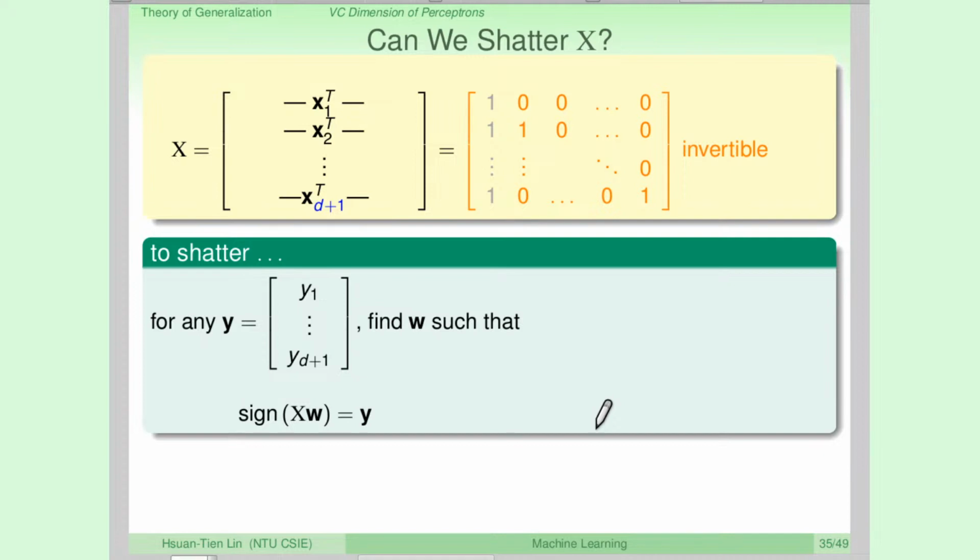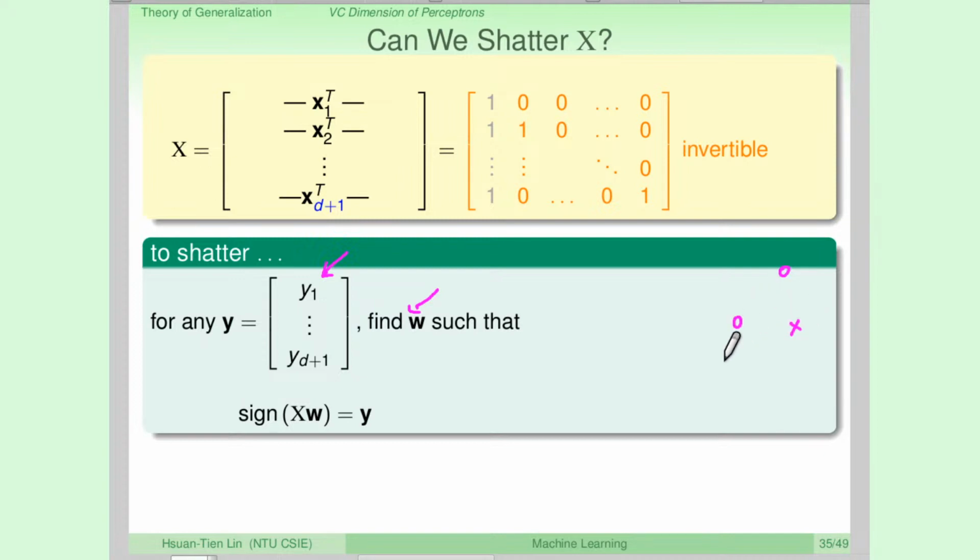When we are saying shatter, the process that we have in mind is that I give you any dichotomy that I want to produce, and you should tell me a corresponding W. Remember, that's the process we followed last time. I say, now I want to implement this. Can you find a perceptron?